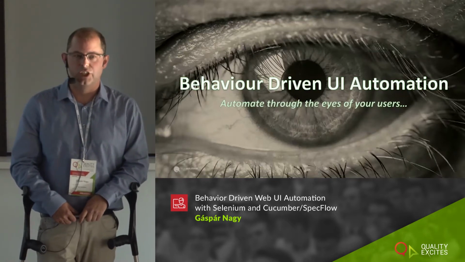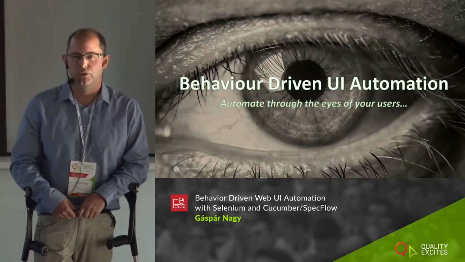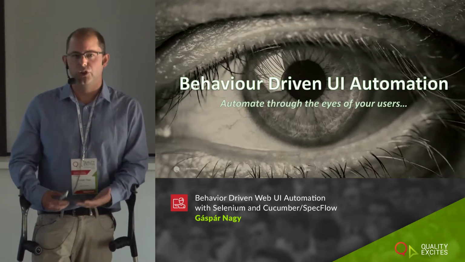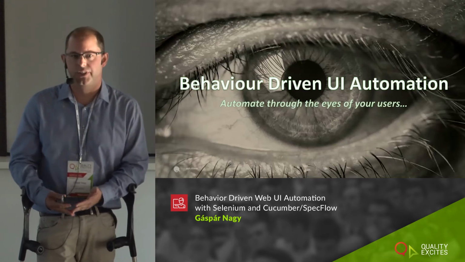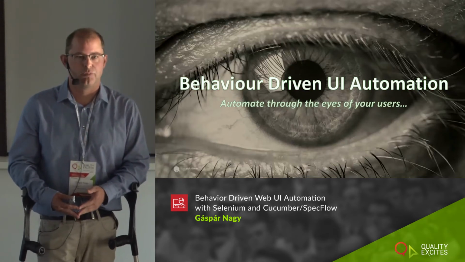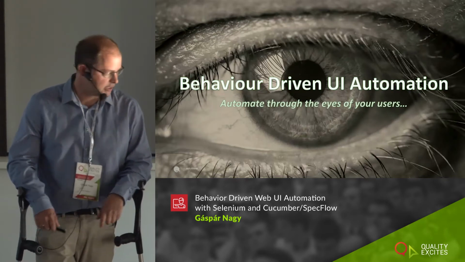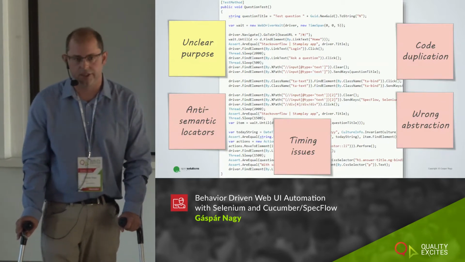The concept behind this is what is important, and the concept is that sometimes you just need to automate things the way your users see them. This sounds quite obvious, like common sense, but I will show you in practice how this can be seen.